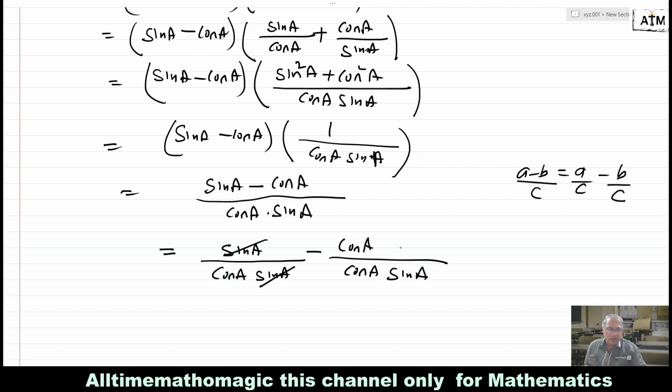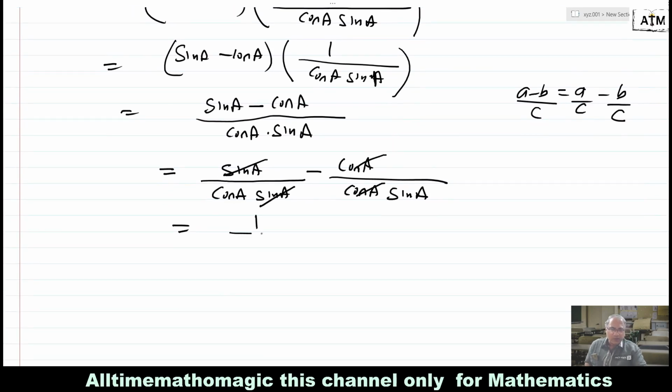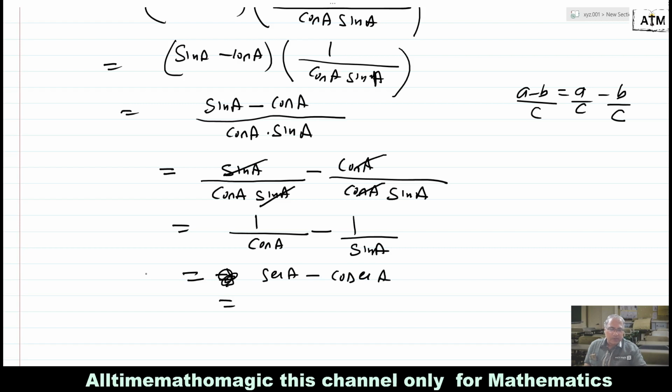Here sin A cuts down, cos A cuts down. Then what is left? 1 upon cos A, and 1 upon sin A. So 1 upon cos A is nothing but sec A, and 1 upon sin A is nothing but cosec A. That equals the RHS.